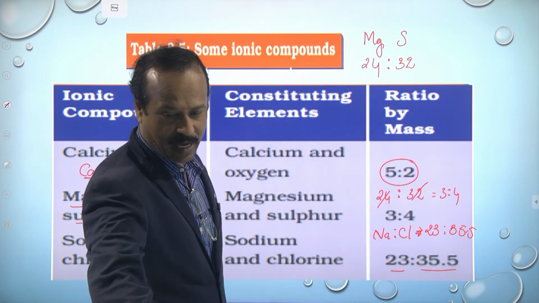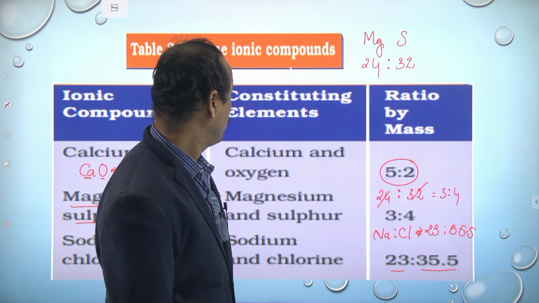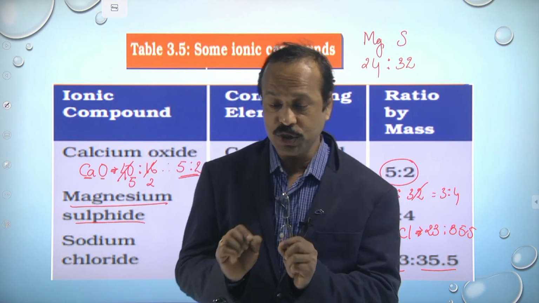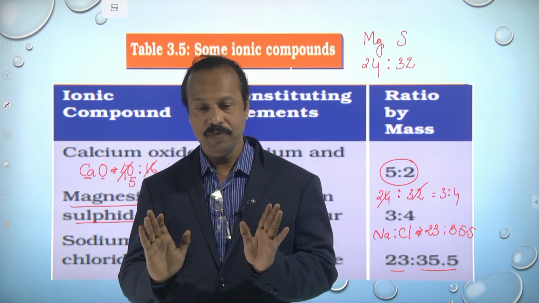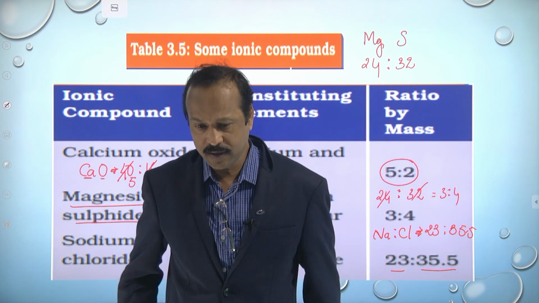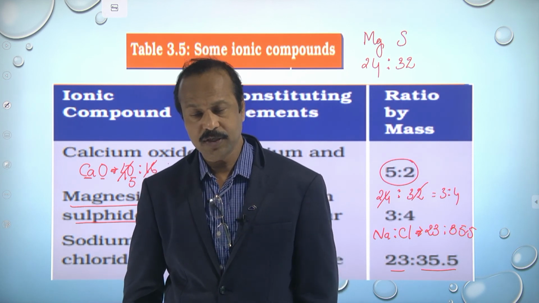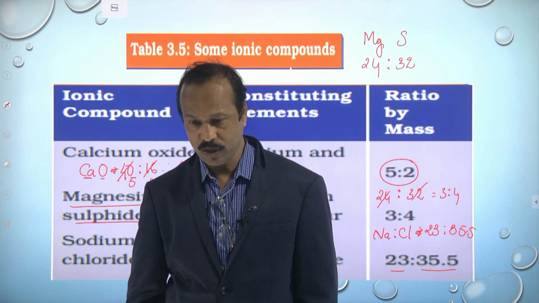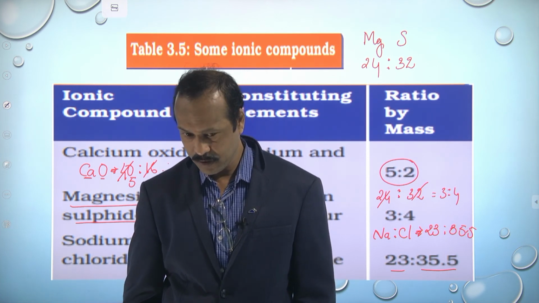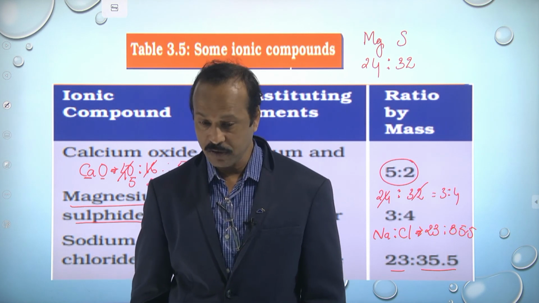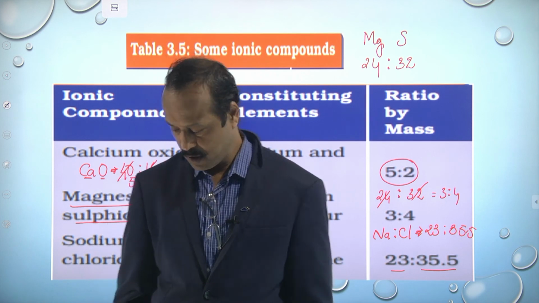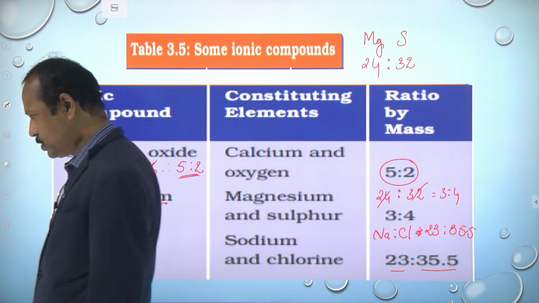To calculate these ratios, you need to learn the atomic masses of the first 20 elements, not more. I think I gave the atomic numbers and atomic masses of elements 1 to 20 during the introduction classes. You have to learn that, as it will be useful in this chapter. So take the screenshot of this one also.